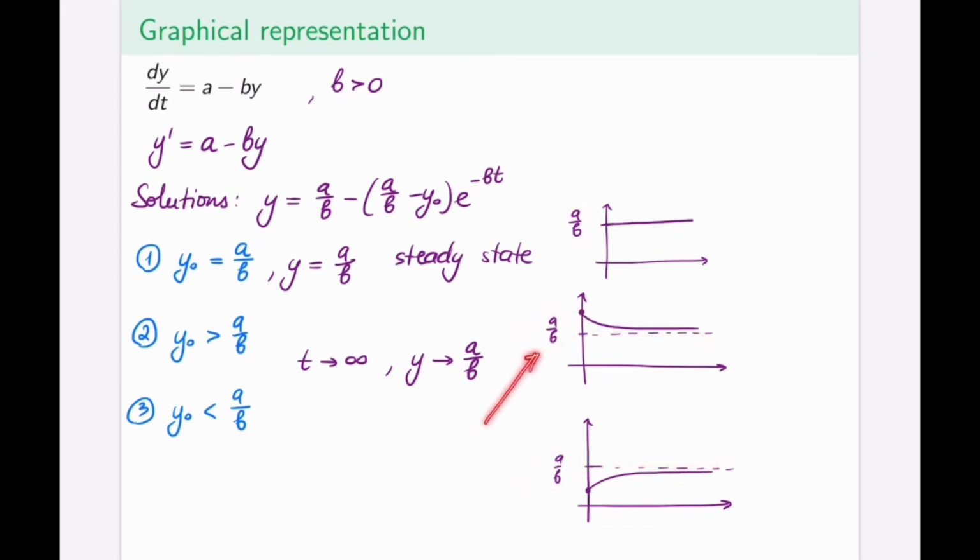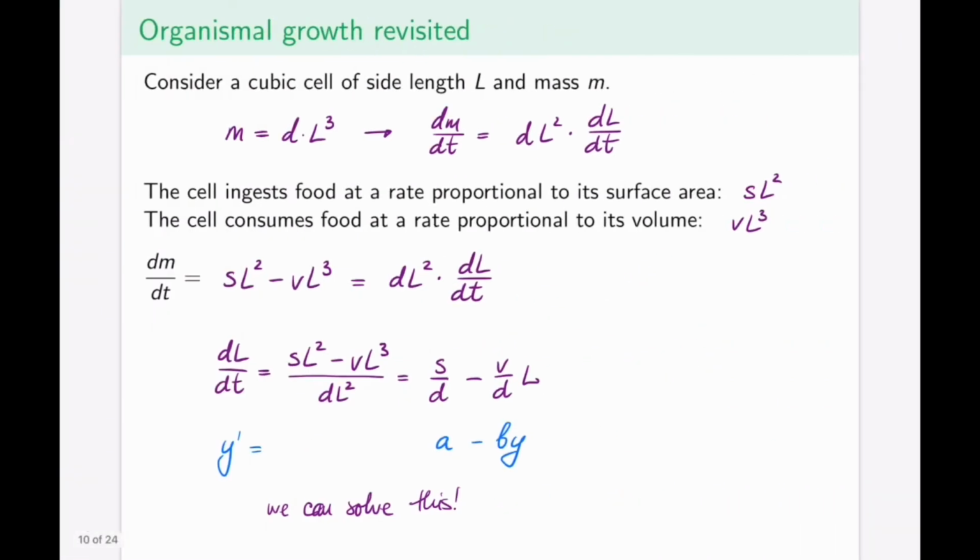So a over b is a number of interest. In this case, this corresponds to the horizontal asymptote of the solution at a over b. My a is s over d, my b is v over d. So we have s over d divided by v over d, or in the simplified form, s over v.